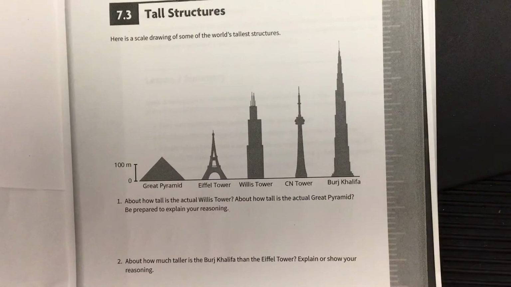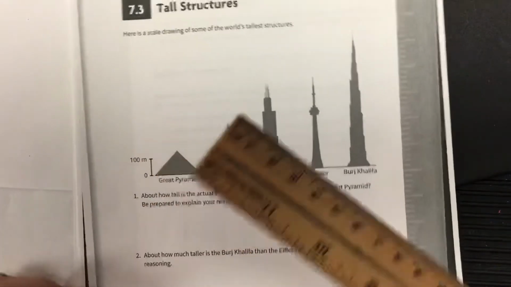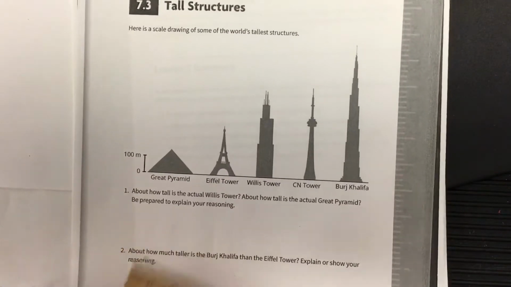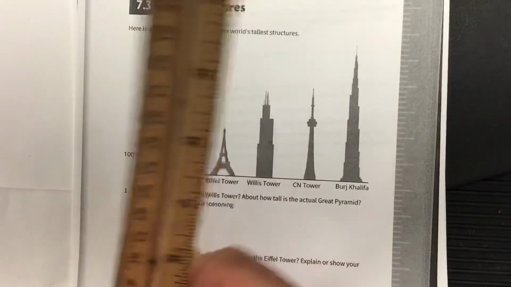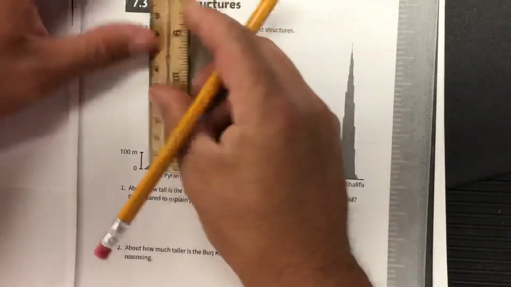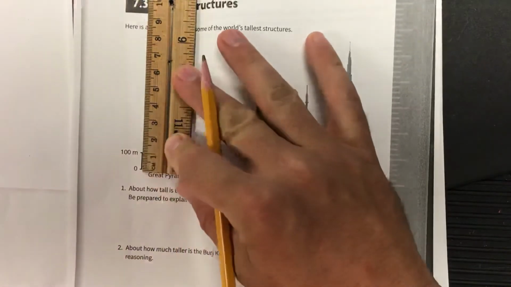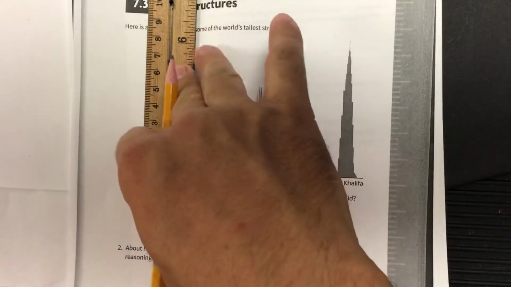All right, and this one, it doesn't give us the scale, so we have to figure out how big it is. So let's measure that. Trey, this little line right here, in centimeters. And what do you think? Cruz?